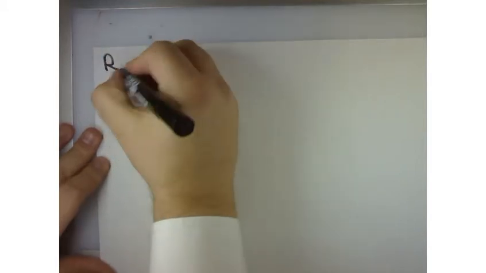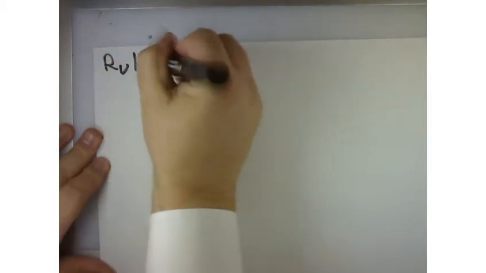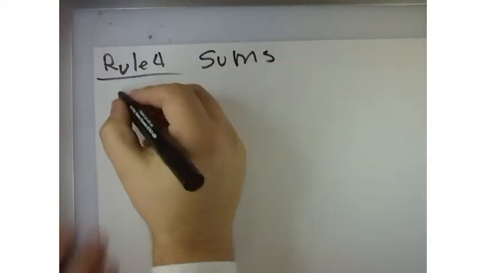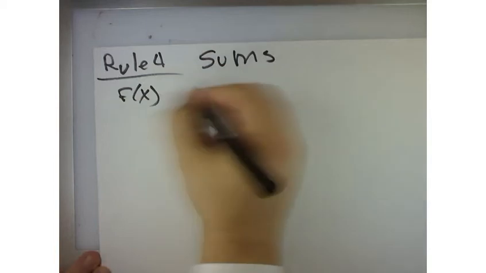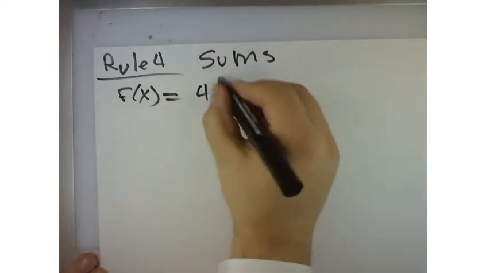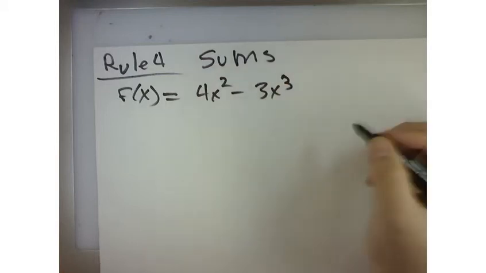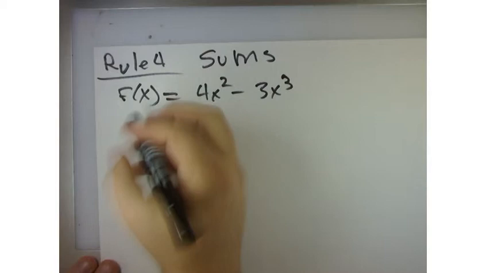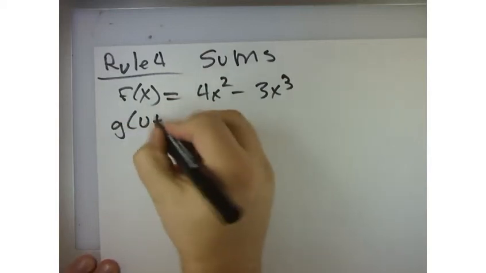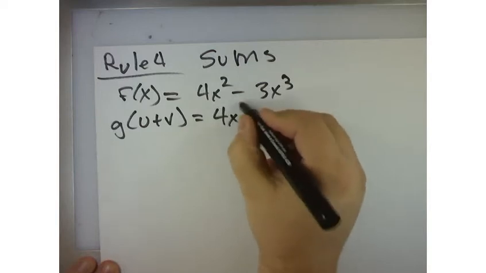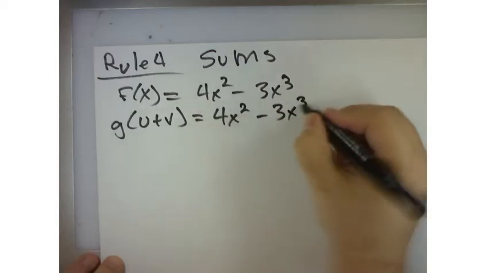Okay? Rule number 4, sums. Okay, if I got f of x equal to 4x squared minus 3x cubed, I could think of that in terms of g of u plus v is equal to 4x squared minus 3x cubed.